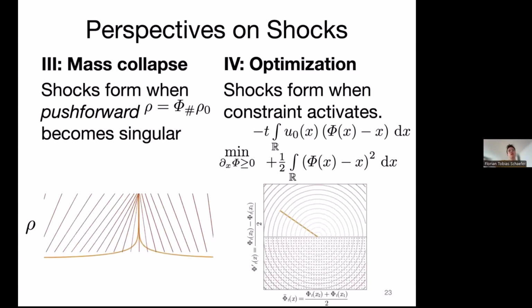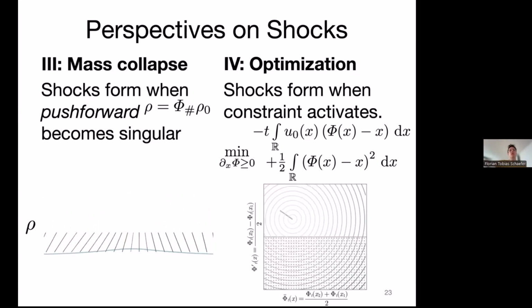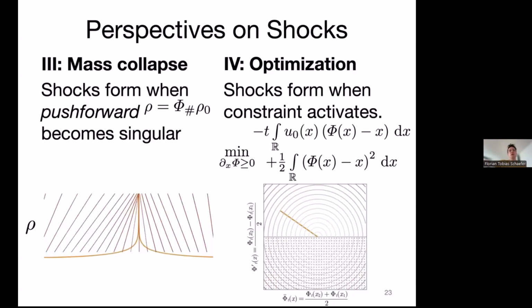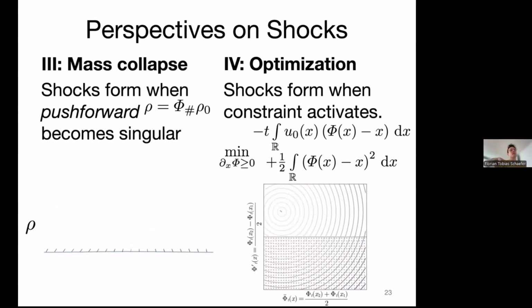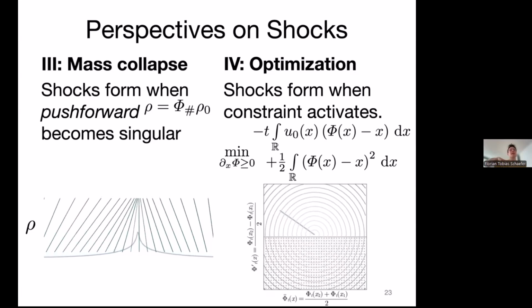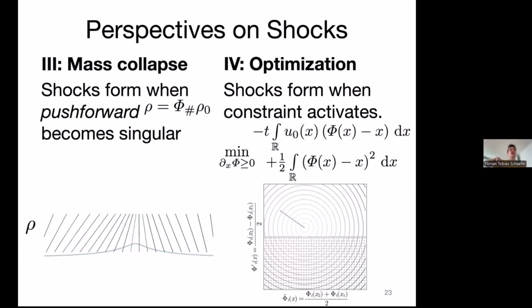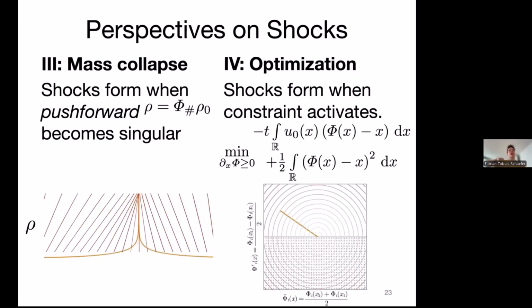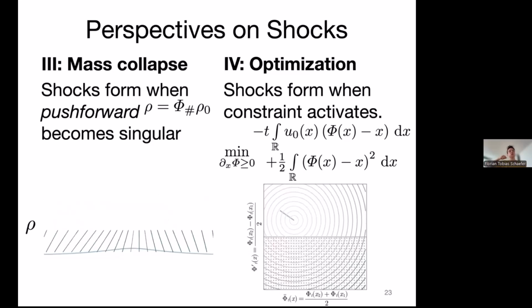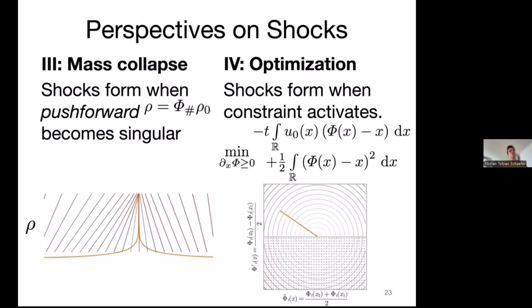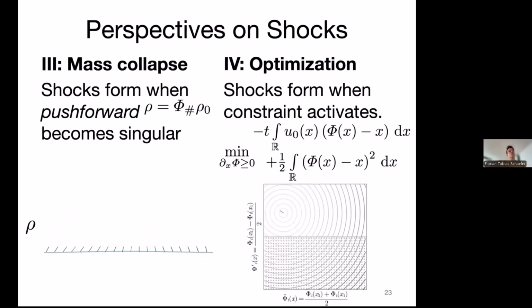The more I move in the initial velocity, the smaller this first linear term becomes. But at the same time, we're adding a regularization because we don't want it to move the particles too fast. So we add this quadratic term that rewards it for staying close to where it was. And as time increases, we put more weight on the first term that rewards transport than on the second term that rewards staying there.